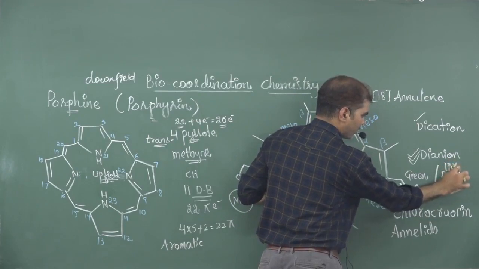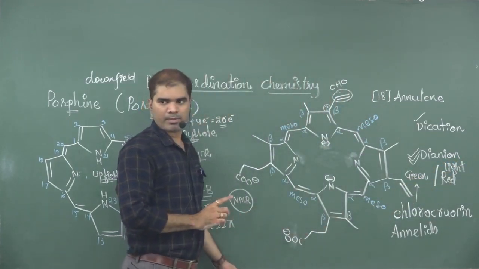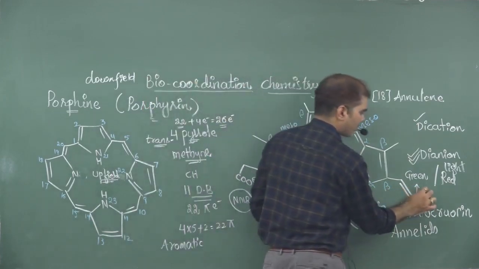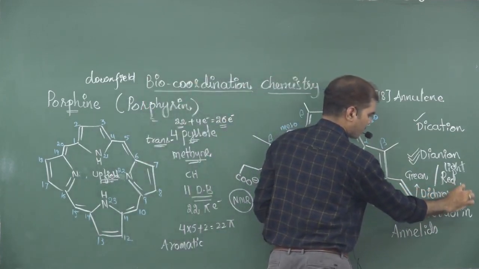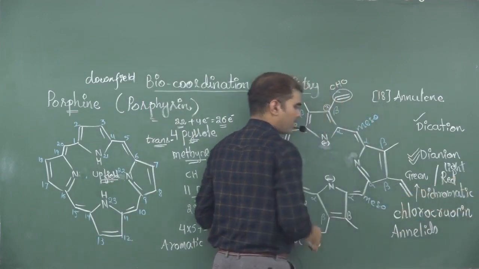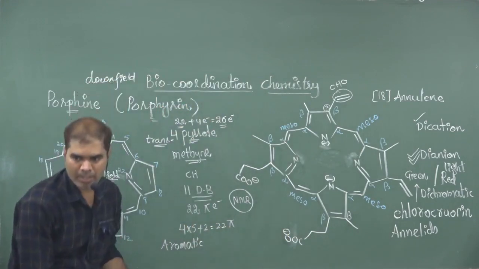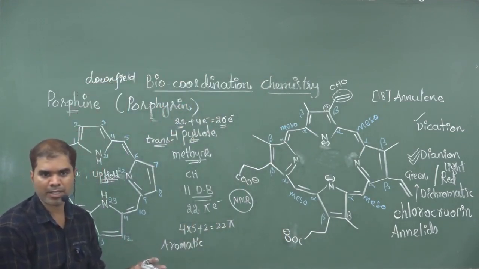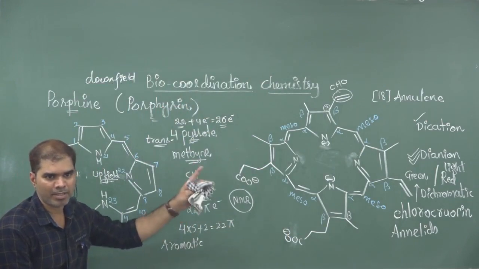Green, and light red. So why did I write two colors? The reason is chlorocruorin is called a dichromatic compound. Dichromatic compound means it can exhibit two different colors at different dilutions. At very high dilution, it will exhibit green color.